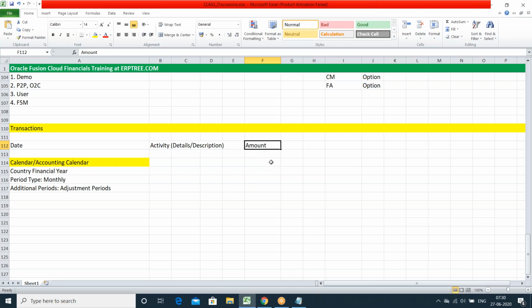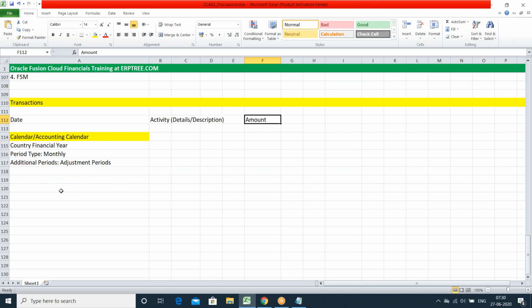Say you enter 10,000. Is the 10,000 rupees, dollars, or dinars? This we have to address in the system. To address it, we have to maintain the currencies in the application. Okay, next point is currencies.